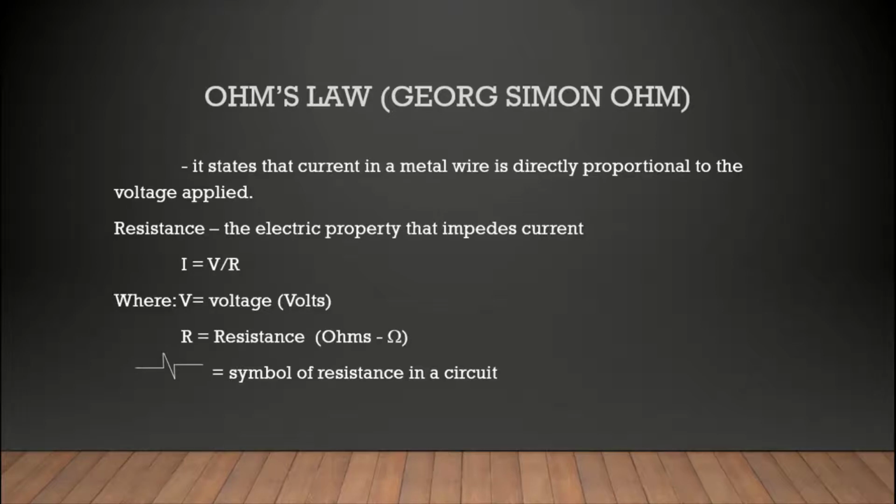And it is not just resistors that are capable of impeding or resisting the flow of current. Also, the wire itself is an electric property that can resist the flow of electric current.